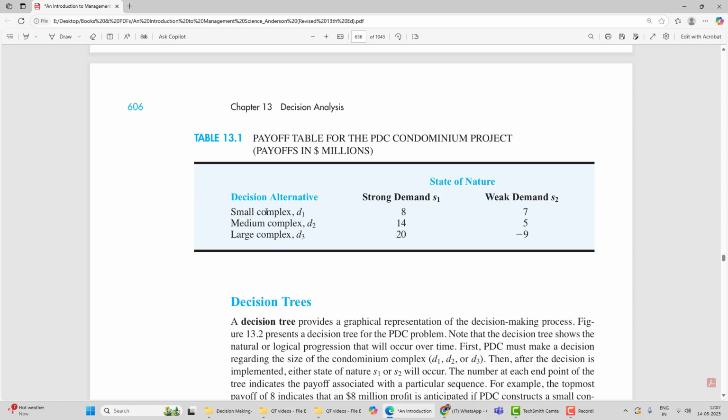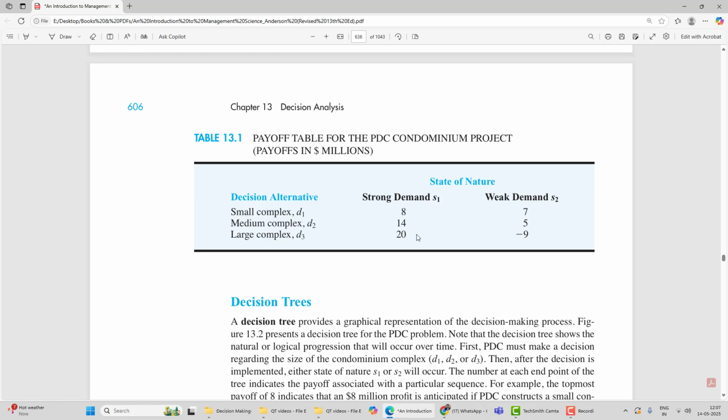Now imagine that the decision maker has taken a decision D1, right? And it is a strong demand scenario. He has gone for D1 and the reality is a strong demand scenario after 6 months. He is going to get $8 million. But he obviously would have got $20 million if he would have taken D3 decision.